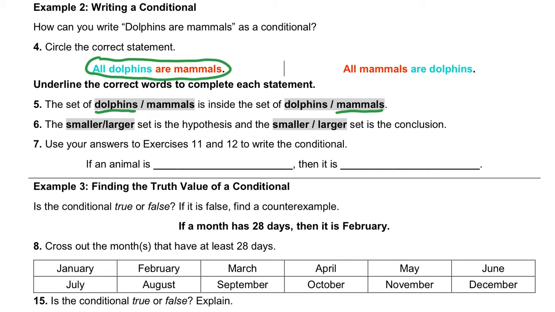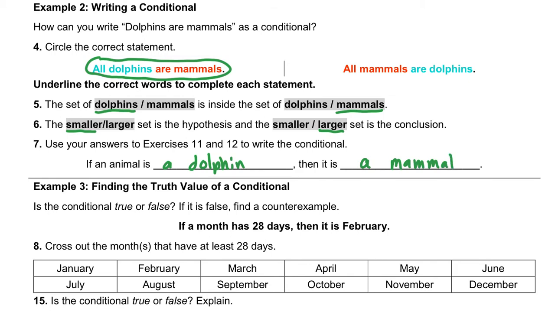So when we identify our hypothesis versus conclusion, the smaller set is the hypothesis, the larger set is the conclusion. So our conditional statement we can write is, if an animal is a dolphin, then it is a mammal.